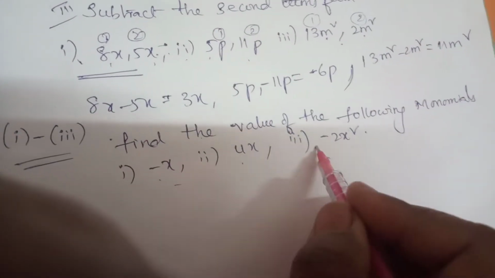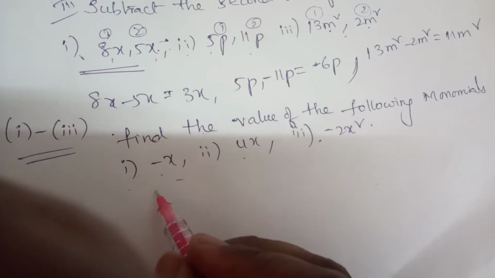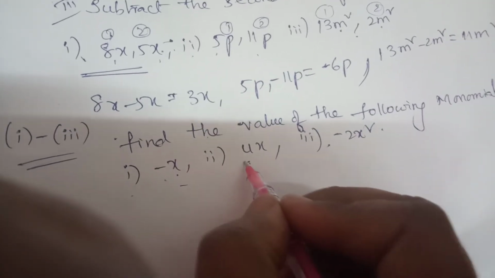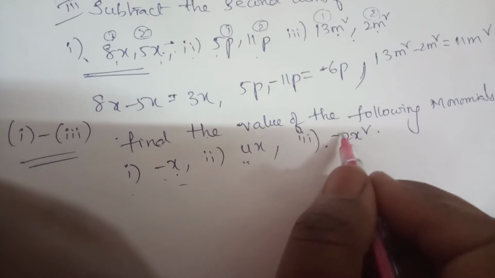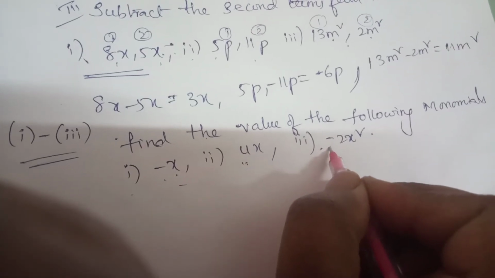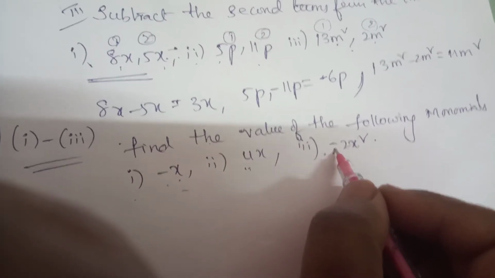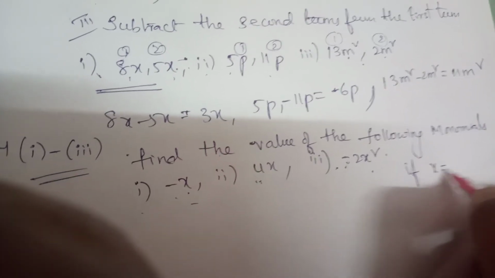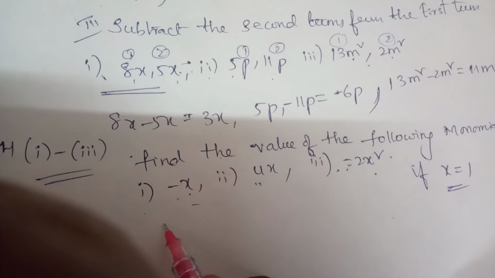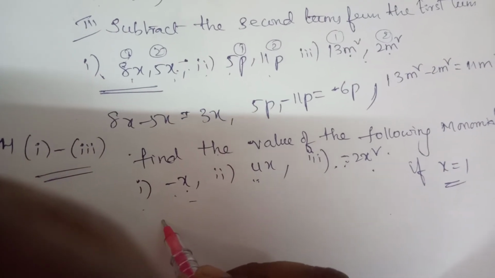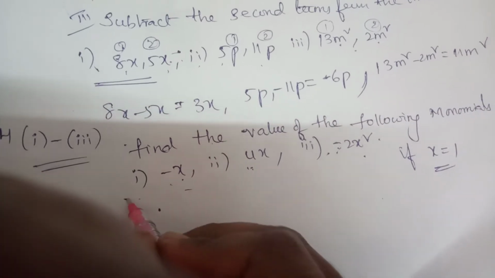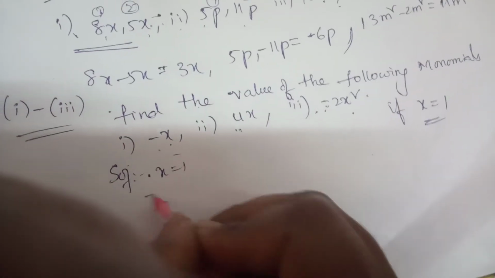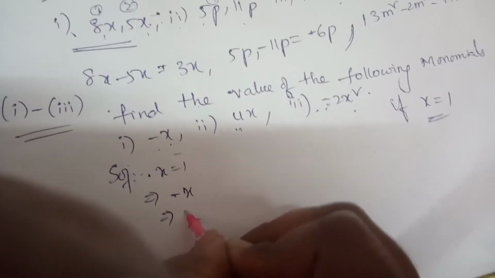These are monomials having only one term. Minus x is one term, so it is called a monomial. 4x is also one term, so it is also a monomial. Minus 2x square is also a monomial because it contains only one term. So from these three monomials, we are going to find the value if x equals 1. Solution: x equals 1, so minus x is minus 1.